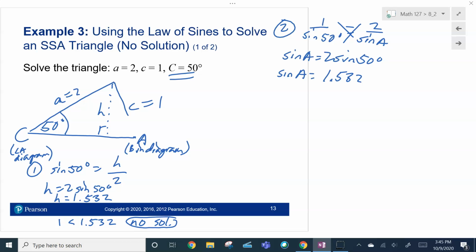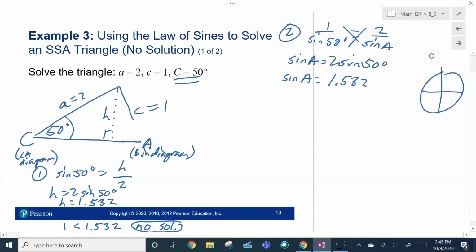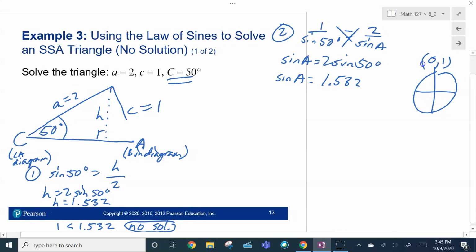Now think about this for a minute. The sine of an angle, is there any angle in which the sine is more than 1.532? And we're like, no, the highest sine value we have is at pi halves, right? There are other angles that have a sine value of 1, but if we were to graph the sine function, the highest we get is 1.